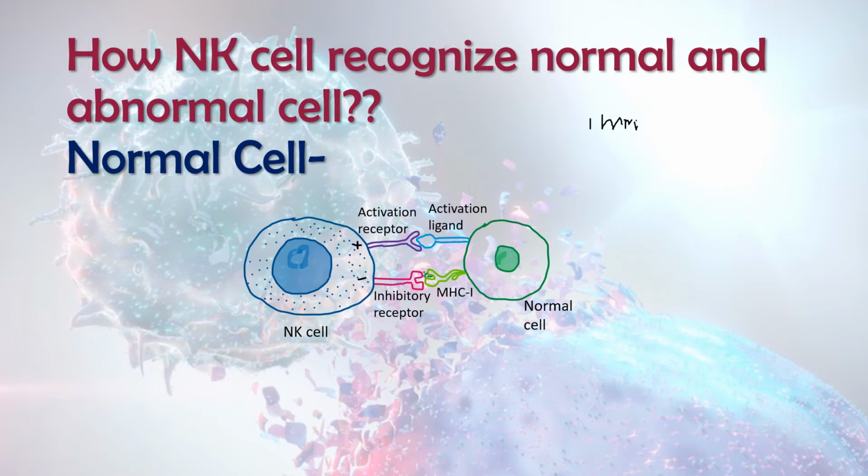The NK cell provides immunological surveillance. They are all the time on watch of the cell, whether it is infected or normal. If it is found infected, then they suddenly kill it by their very smart process.